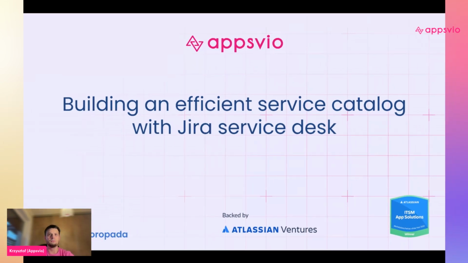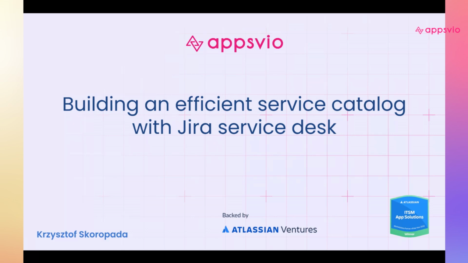When I started working on this presentation, I asked myself this question many times: what is a service catalog? And I was trying to figure out how to explain it. Then I quickly realized there are so many service catalogs around us.